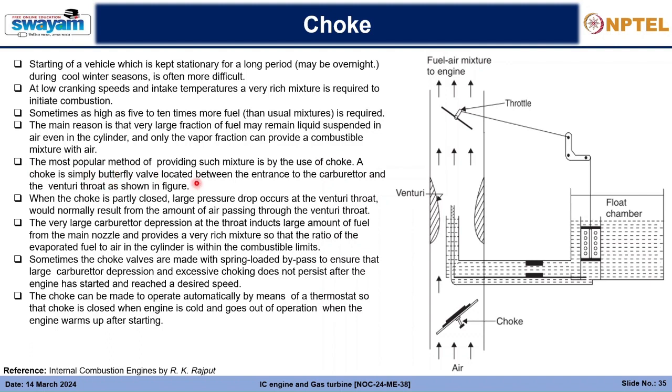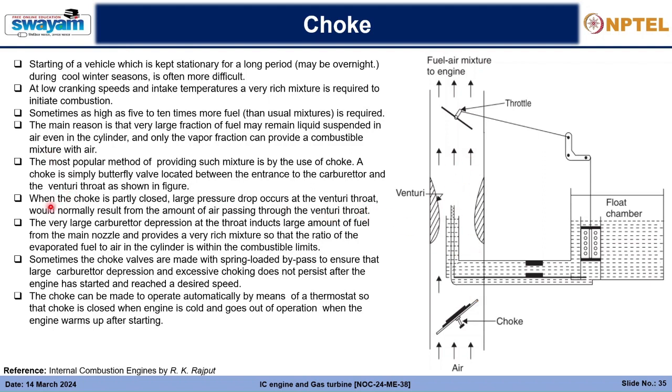A choke is simply a butterfly valve located between the entrance to the carburetor and the venturi throat, as shown in the figure here. So when a choke is partly closed, a large pressure drop occurs at the venturi throat, which would normally result from the amount of air passing through the venturi throat.